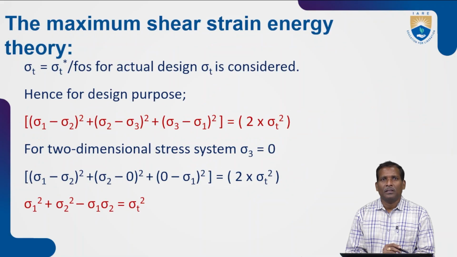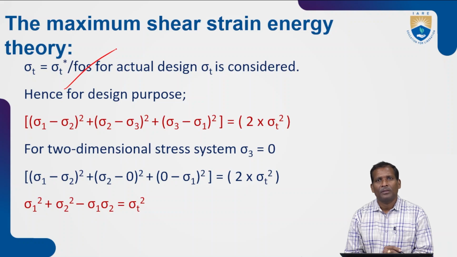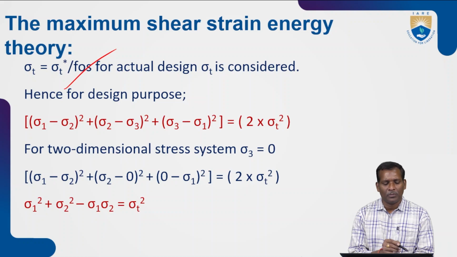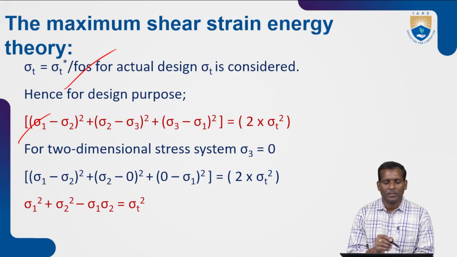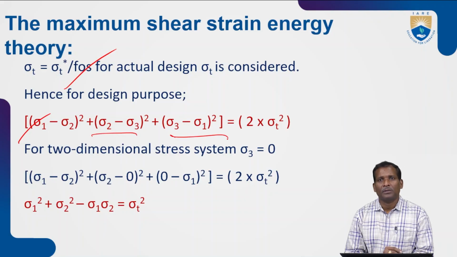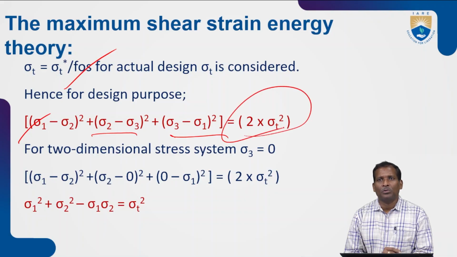Here sigma t is equal to the allowable stress divided by the factor of safety for actual design. Taking sigma t as the design value, sigma 1 minus sigma 2 whole square plus sigma 2 minus sigma 3 whole square plus sigma 3 minus sigma 1 whole square is equal to 2 sigma t whole square.